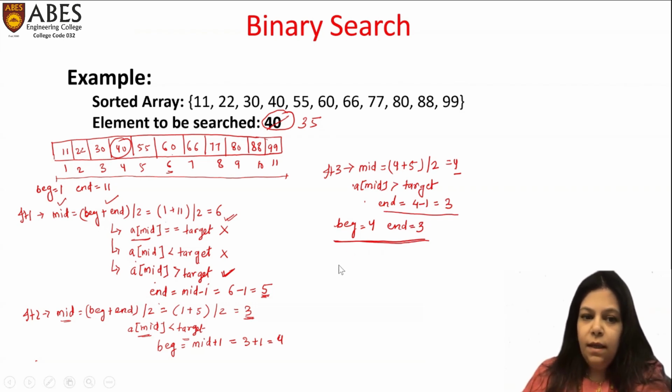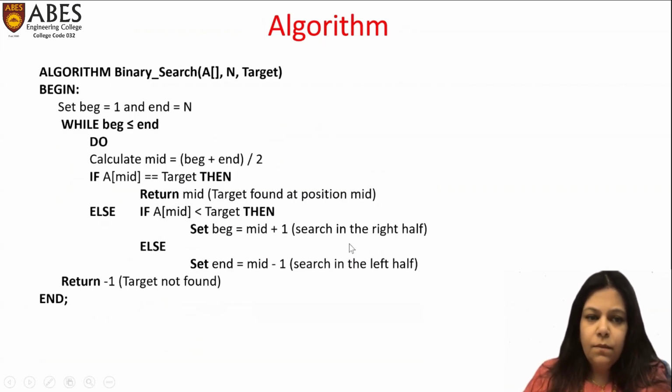Let us now quickly see the algorithm. The algorithm, as you can see, has 3 parameters, where A is the array, n is the number of elements, and target is the value that we have to search. As discussed earlier, beginning is equal to 1, which means the first index of the array, and end is equal to n, that is the last index of the array.